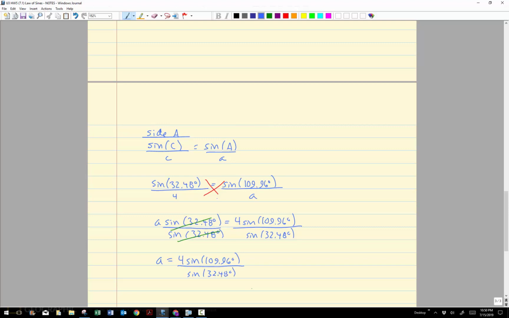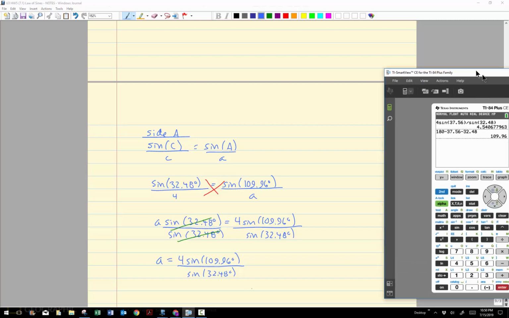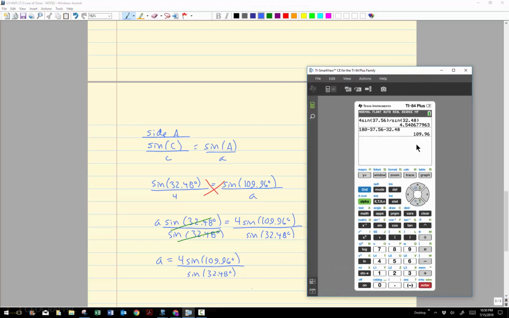So let's go ahead and grab our calculator and we'll put that in and get our decimal value, and then from there we'll round it, let's say to the nearest tenth.